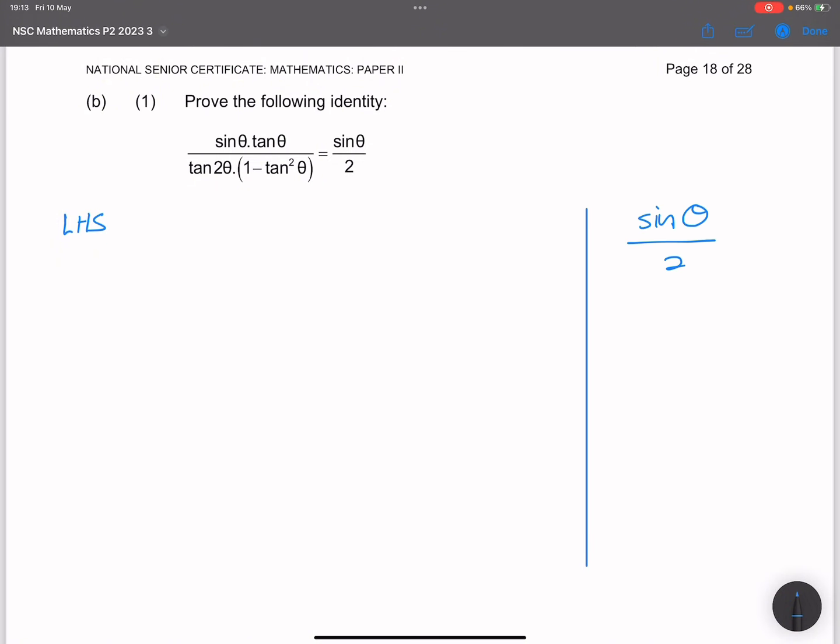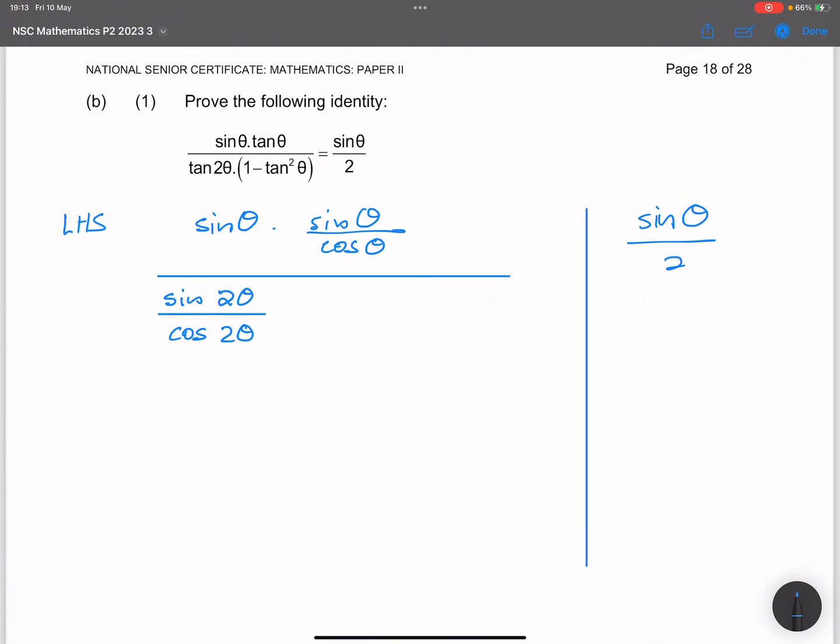Nothing to change there. The first thing that you always do is try to change everything into sine and cos. So that will be sine theta multiplied by sine theta over cos of theta, divided by tan 2 theta, which is sine 2 theta over the cos of 2 theta.